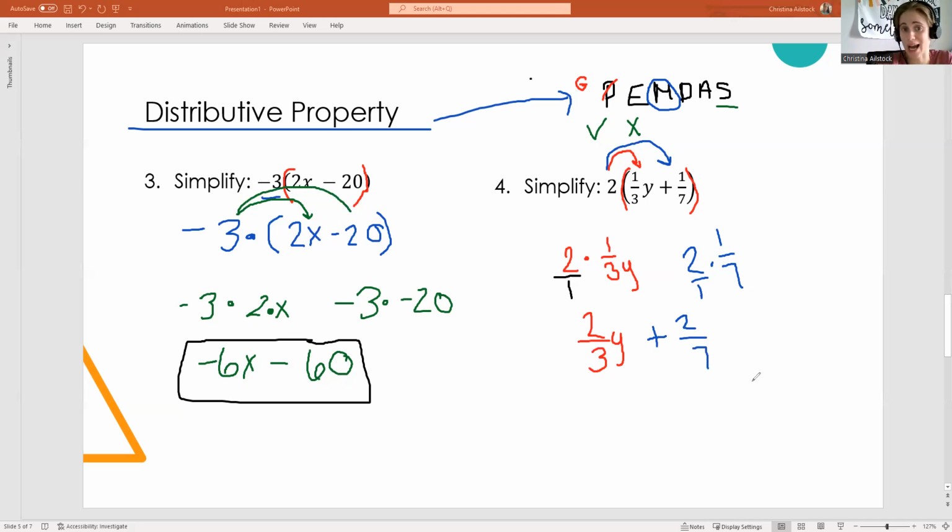And when I look at this, I'm all done. I distributed, so I got rid of that grouping symbol. There's no exponents, and there's no multiplication or addition that I'm able to do because these guys aren't alike. 2/3 has a variable, 2/7 doesn't. So we're finished.